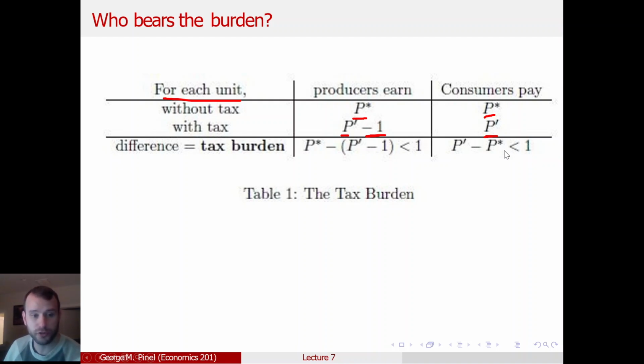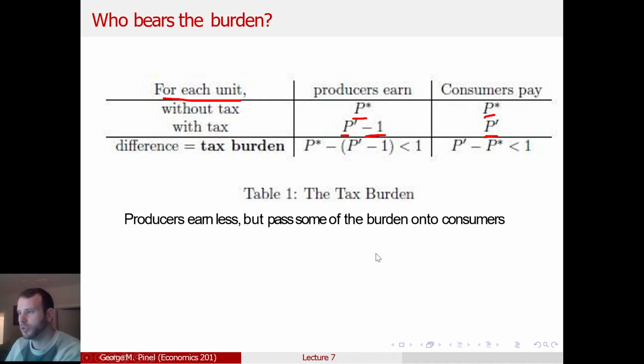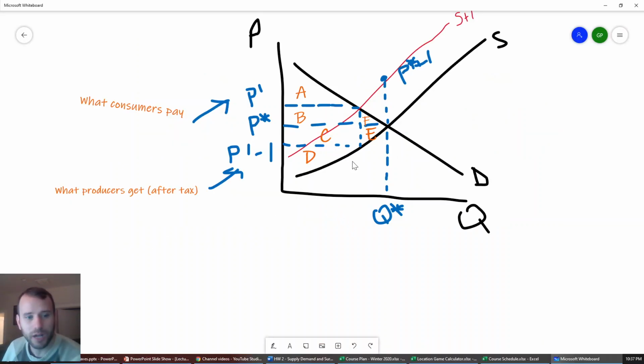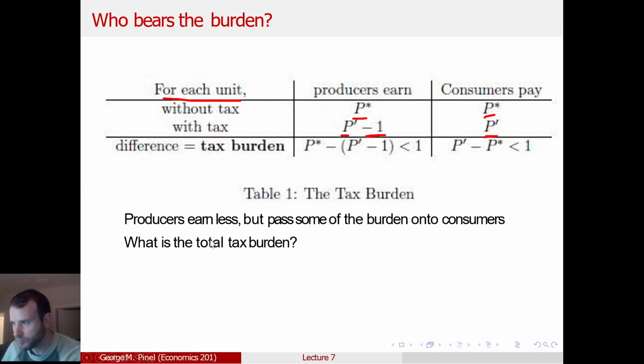Even though the producers pay the whole tax, by virtue of them increasing the price, some of the tax burden is shifted onto consumers. So what exactly do I mean? I mean that there's going to be some loss in consumer surplus as a result of the tax, even though the tax is on producers. There's also going to be some loss in producer surplus for obvious reasons.